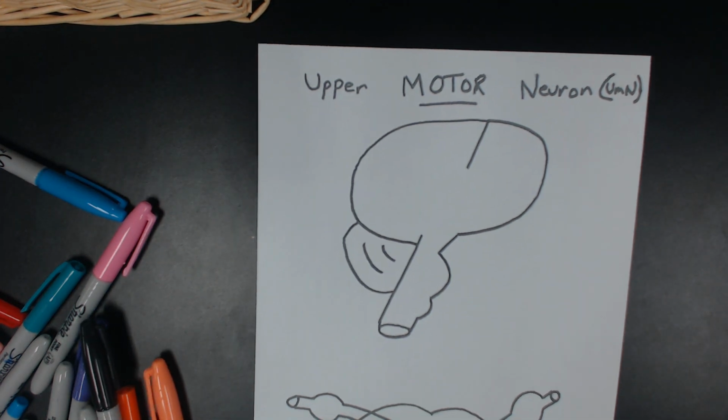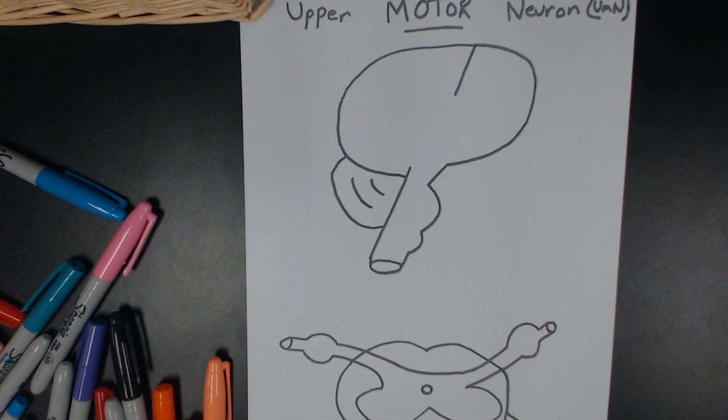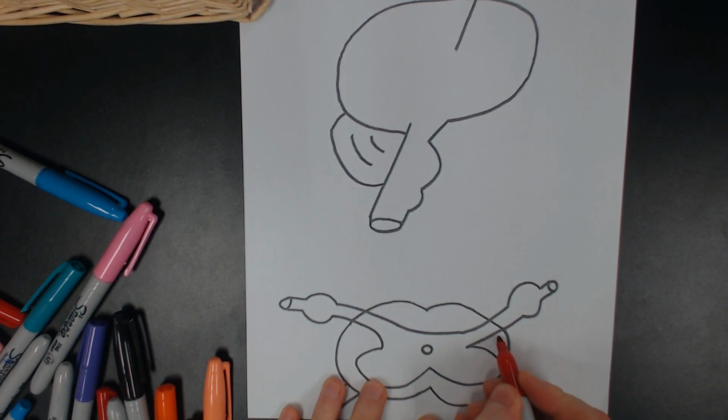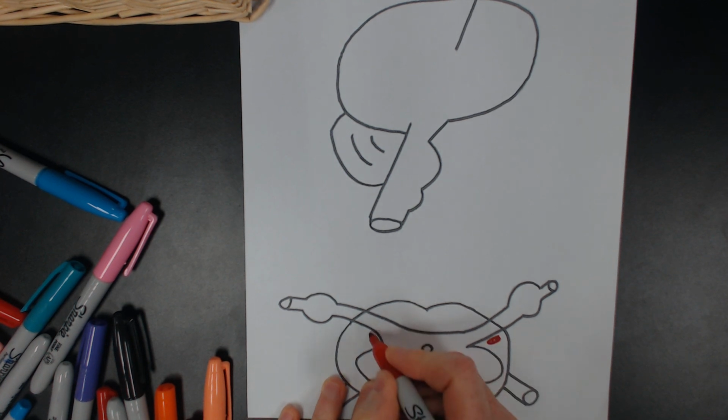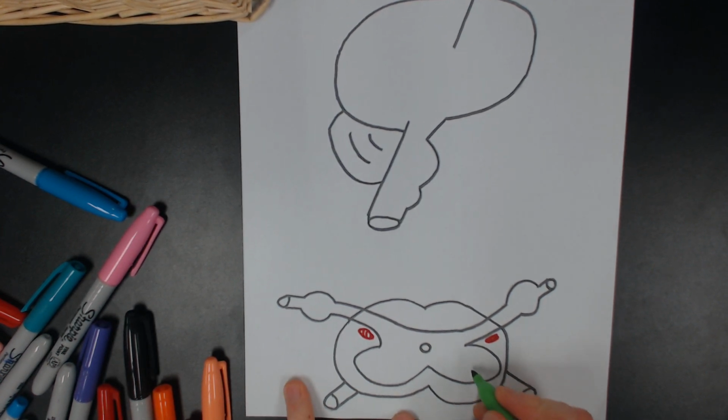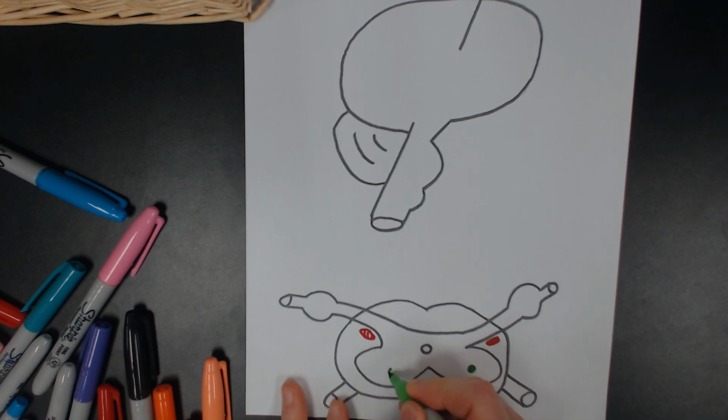Now we're up to the super simple stuff. I know I've talked about it and drawn it, but there are some other things you need to know as far as upper motor neuron injury is concerned. Let me draw it. Here's my lateral corticospinal tract in the spinal cord, and I'm going to have my lower motor neuron cell bodies here in my ventral gray horn.